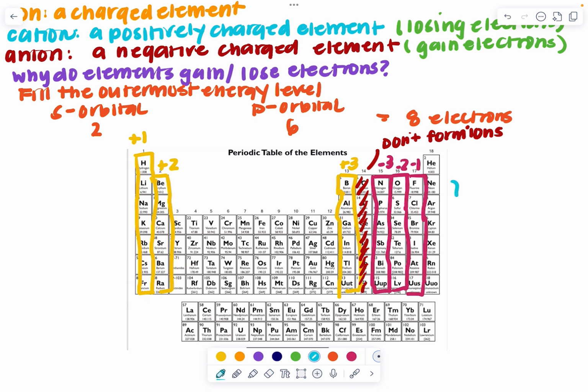The noble gases or group 18, are really special because they already have a filled shell. So it wouldn't make sense for them to gain or lose electrons when they're already at the sort of ideal state. We'll refer back to the periodic table as we go through this lesson too.